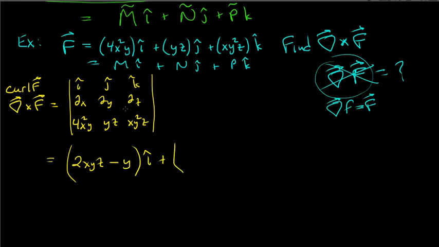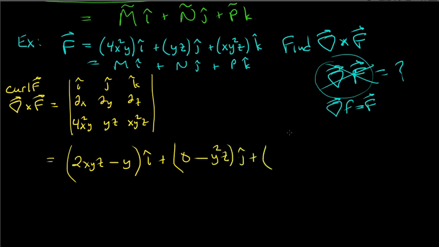And then the j component, the y component if you will, is the partial of this with respect to z. Well, that's just 0, because there is no z there, it's a constant. Minus the partial of this with respect to x, and that's y squared z, times j.